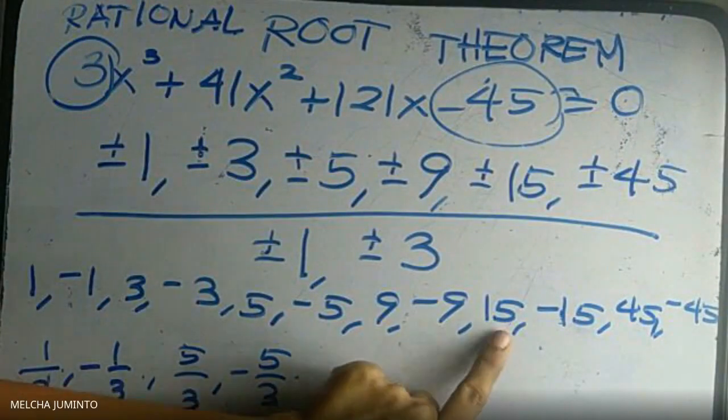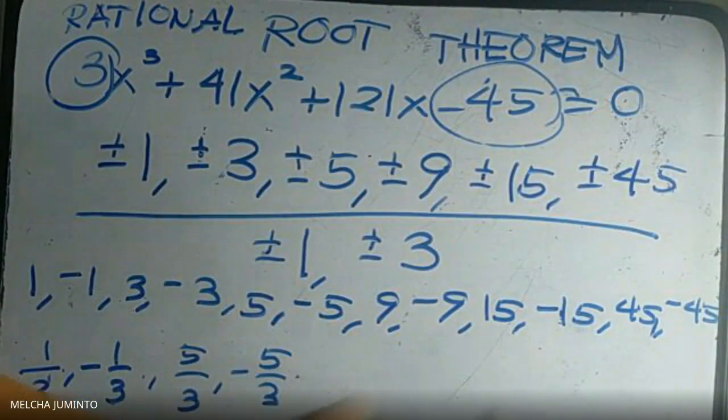Do not repeat that possible root also because we already have 15 and negative 15 here. So therefore, these are the possible roots of this particular polynomial. And we can also write it in shortcut form. We can start with one third, the smallest among them, followed by 1.